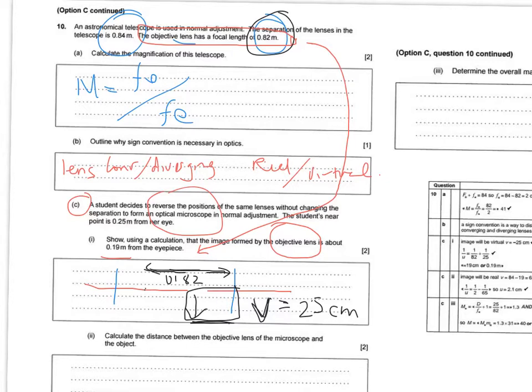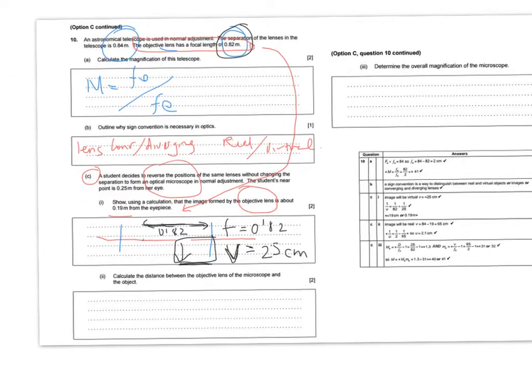So we have f, which is equal to 0.82, and we have v, which is 25 centimeters. So if we use our lens formula for that, we have 1 over 0.82 equals 1 over u, which we're trying to find, minus 1 over v, which is 25. Now it's minus because it's a virtual image, and you should get your value 0.19.